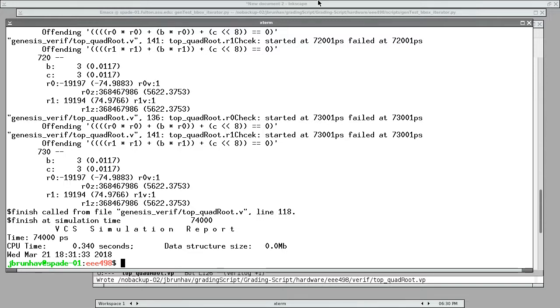You know, let's go to a QuadRoot calculator. Quadratic equation calculator.